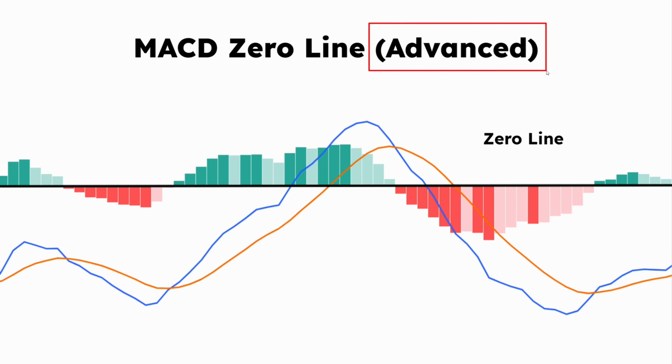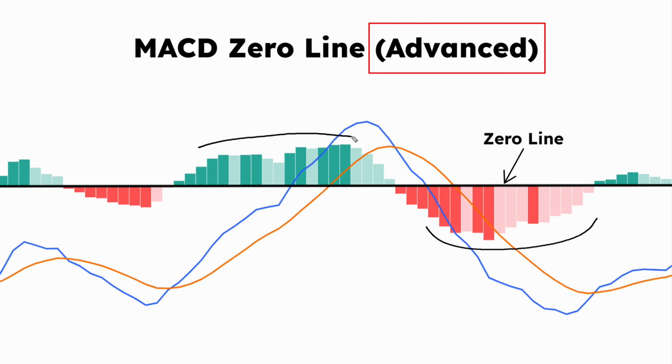And this can be a little bit more advanced, so make sure to really pay attention now. But the first thing is pretty simple. The zero line is basically the line here in the middle, which separates the valleys and the mountains of the MACD indicator. But in order to understand what it means when the MACD crosses above or below this line, we need to open up a chart here.